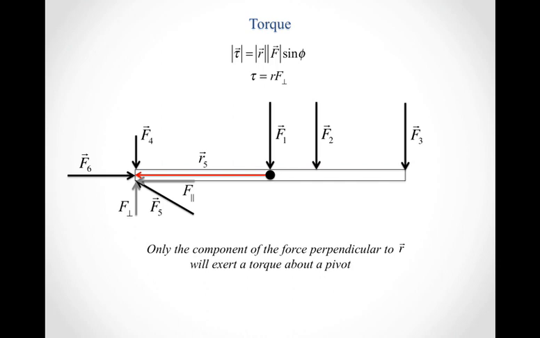The larger you make that parallel component, the smaller the torque generated by that force is going to be, which is of course what happens with force 6. Force 6 I've rotated all the way around, so it is only a parallel component. So force 6 generates zero torque about this pivot because there is no perpendicular component of that force. So only the component of the force that's perpendicular to r is going to exert a torque about a pivot.